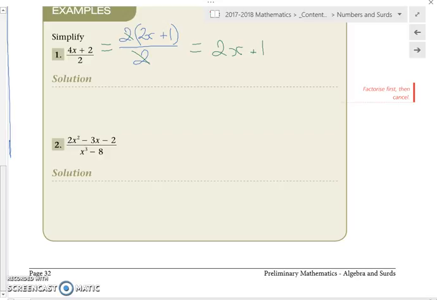Excellent. So x cubed is a cube, 8 is a cube, and there's a minus in between them, which makes it a difference of 2 cubes. And on your formula sheet or in your book, you should have how to factorize a difference of 2 cubes.